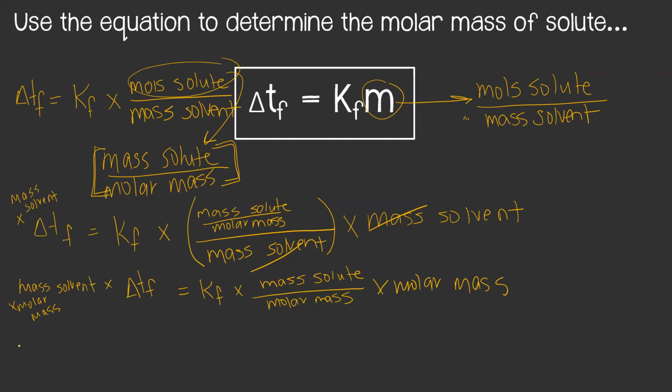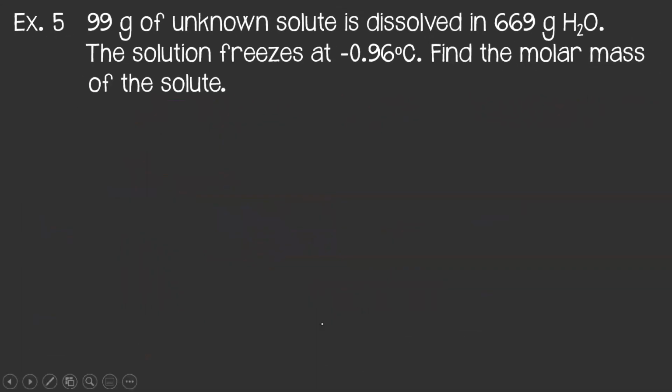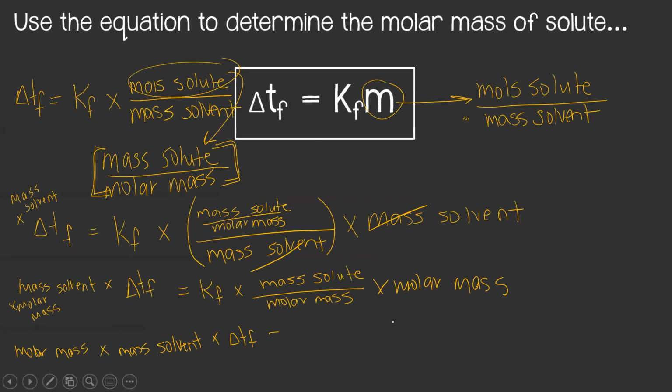So now my equation is molar mass times mass of solvent times delta TF equals KF, because this is going to cancel, times mass of solute.